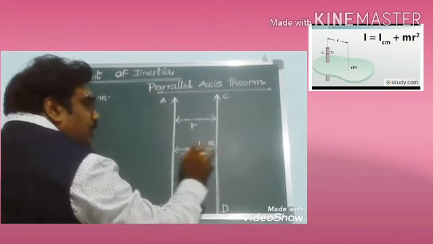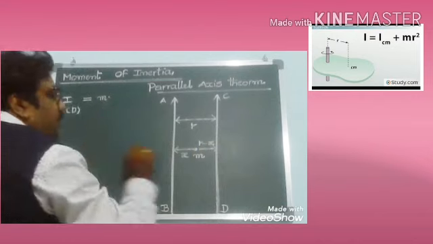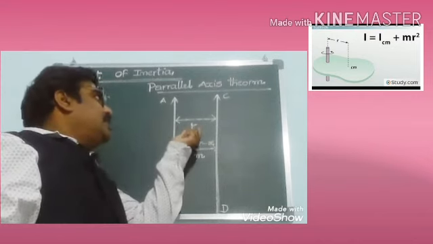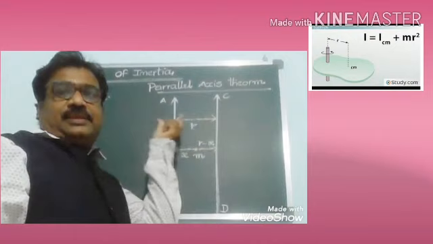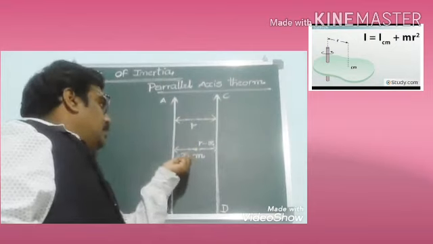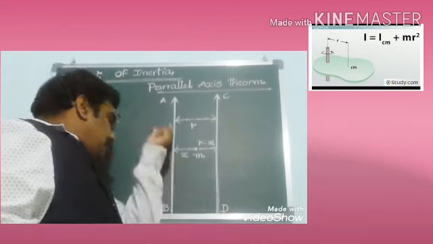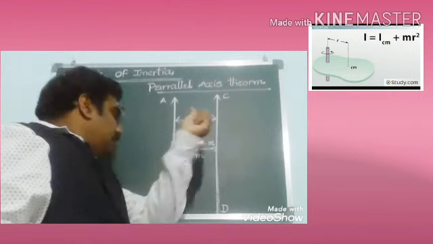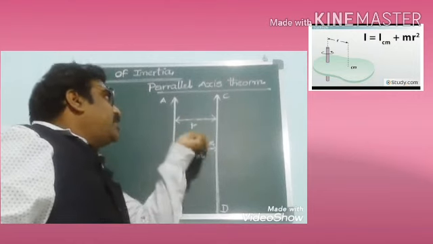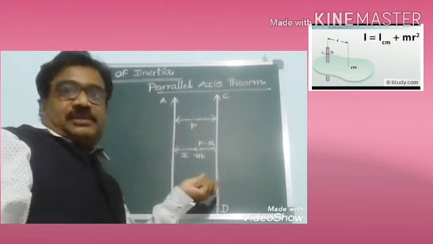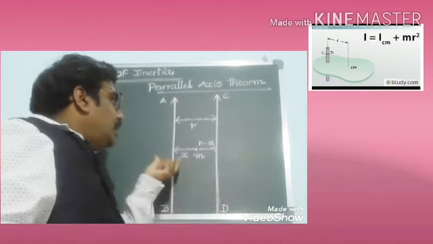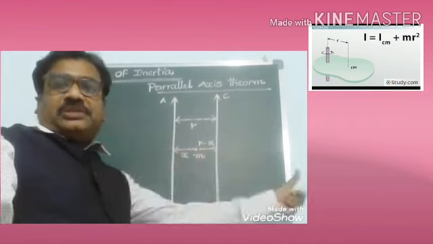Here the perpendicular distance is r minus x. Here you have to keep in mind that r is the distance between the two axes. So x is the perpendicular distance to the AB axis, and r minus x is the perpendicular distance to the CD axis, and the two axes are parallel to each other.